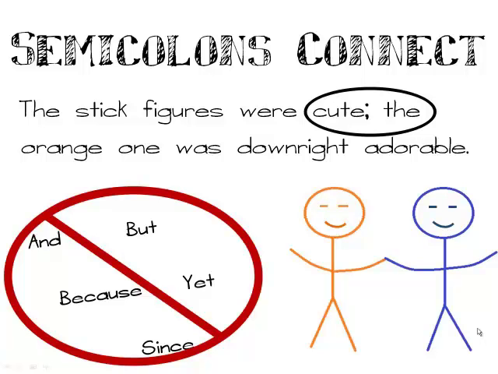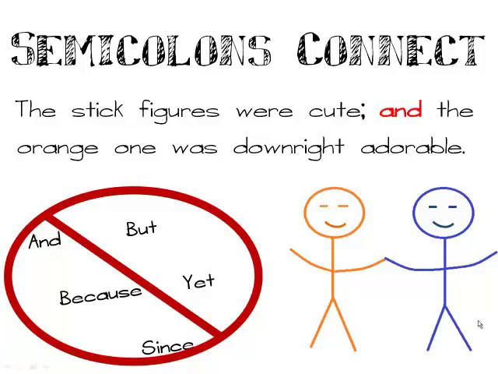And that's because they are traditionally used with a comma. So if I were to insert the word and in here, the correct thing for me to do would be to take out my semicolon and put in a comma, because that's how we use coordinating and subordinating conjunctions.